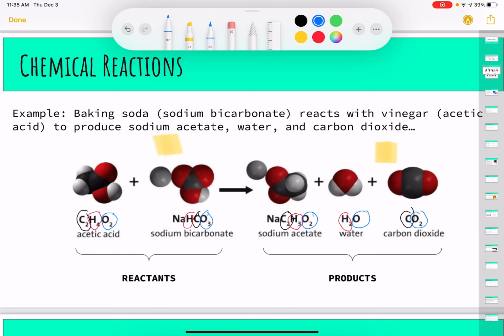And we've got sodiums on the left and sodiums on the right. All right, so all of those are accounted for. The equation's not balanced, but we'll get to how you balance them. I'm trying to show you that what we have on one side equates to what we have on the other side.